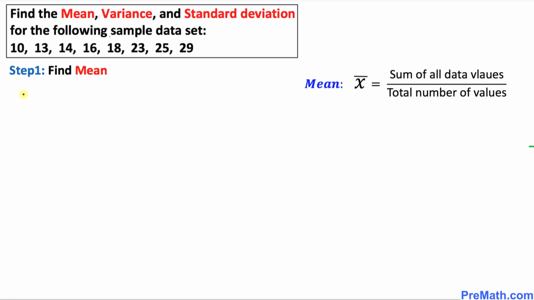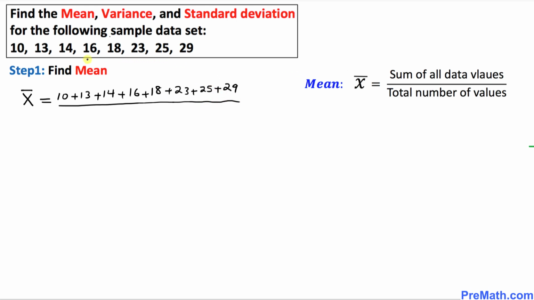So let's go ahead and calculate the mean represented by x bar equal to, let me just add up all these numbers. 10 plus 13 plus 14 plus 16 plus 18 plus 23 plus 25 plus 29 and divided by the total number of these values. There are 8 of them, so divided by 8.